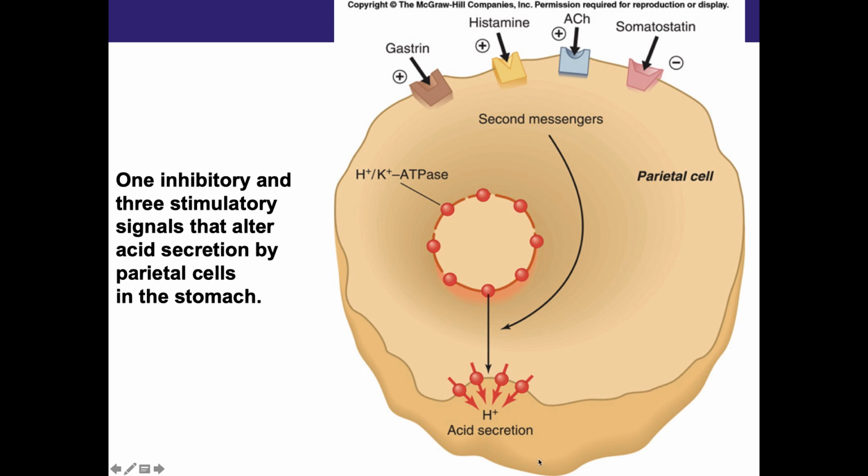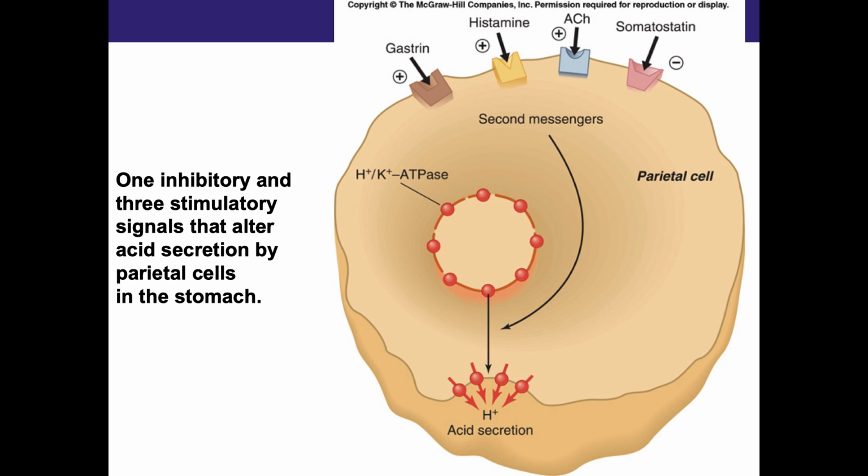You actually have one inhibitory and three stimulatory signals that ramp up acid secretion in the parietal cells of the stomach. Okay? Somatostatin, as you'll notice when we get even into the endocrinology section, just remember somatostatin actually inhibits everything. It really does. It just inhibits everything.